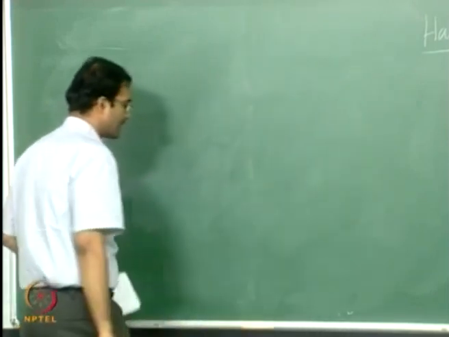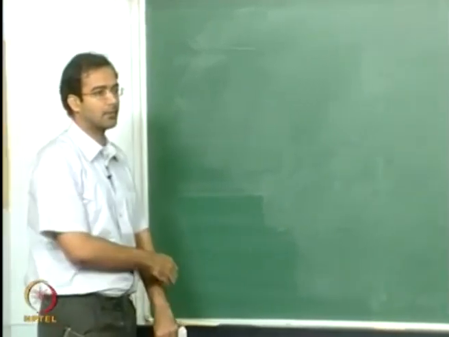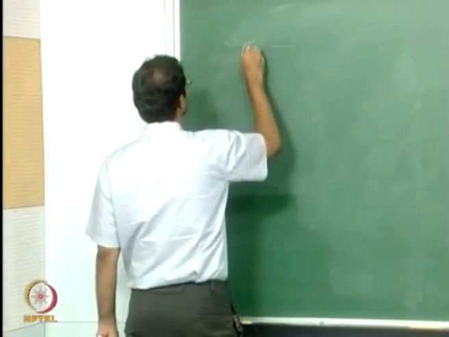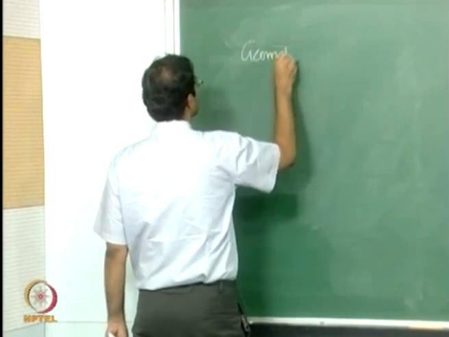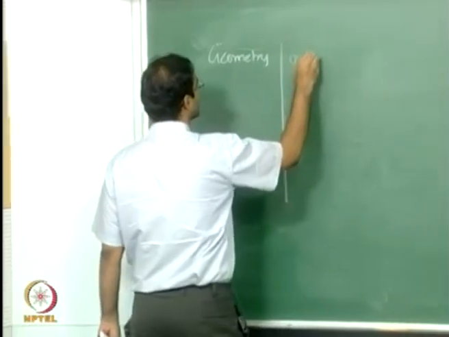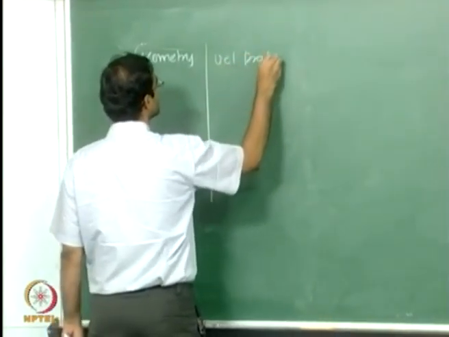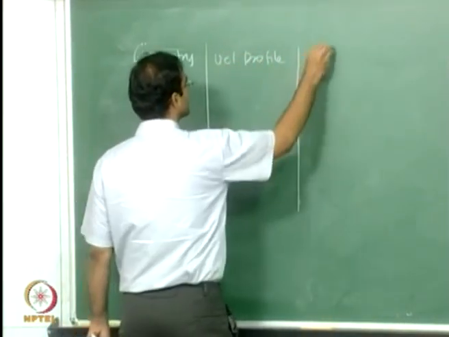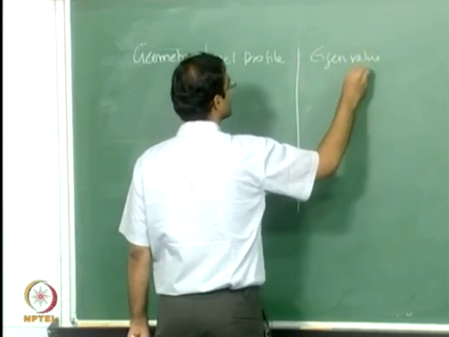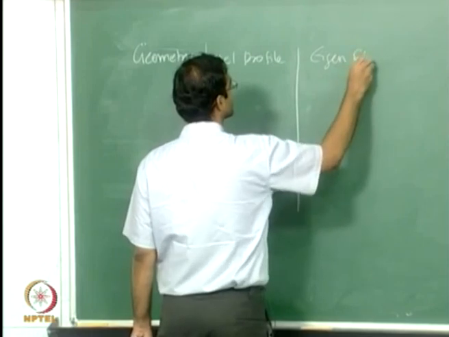If you look at the analytical solution to the problems, first is the geometry or the configuration, and velocity profile, and the corresponding eigenvalue problem, or I will say eigenfunctions.